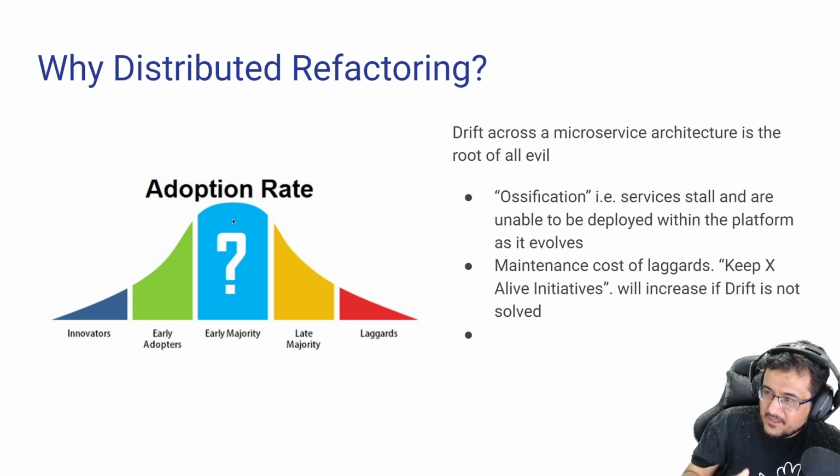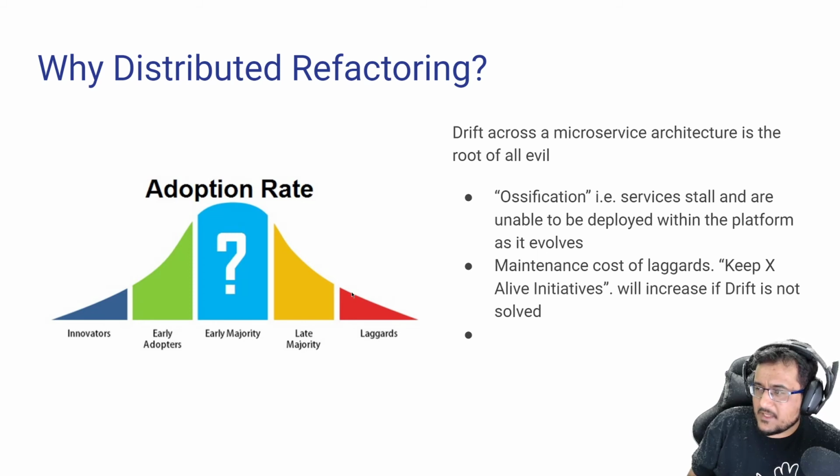So that's a similar concept that happens with microservices, because at some point, if you start to have microservices that are too lagging behind in this quadrant, then you will have to create a special infrastructure for those microservices, and you have to maintain it forever, right? And you don't want to do that with software. That's not specific to microservices, but you can see that happening with drift more often. And then you will have initiatives, right?